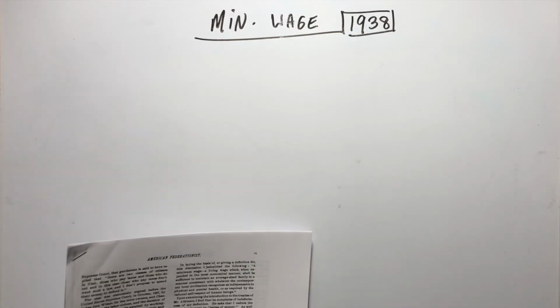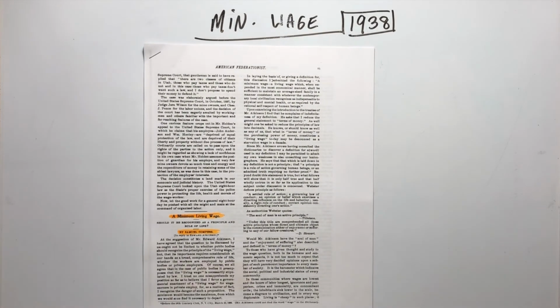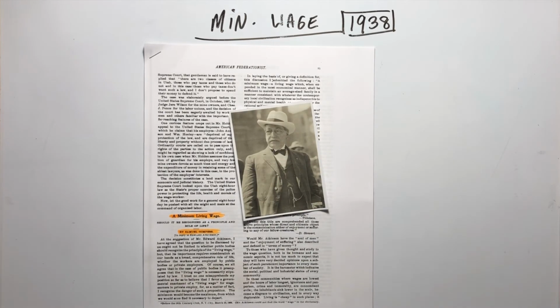Now, I want to take a minute and return to Samuel Gompers. Gompers, again, writing in 1898, long before we get to the 1938 Fair Labor Standards Act for a minimum wage, wrote a piece again entitled A Minimum Living Wage. Now, a living wage is what he advocated for.